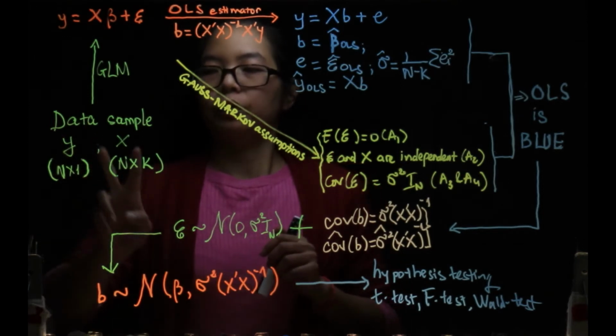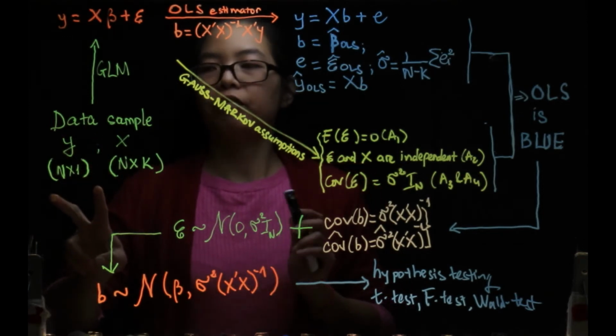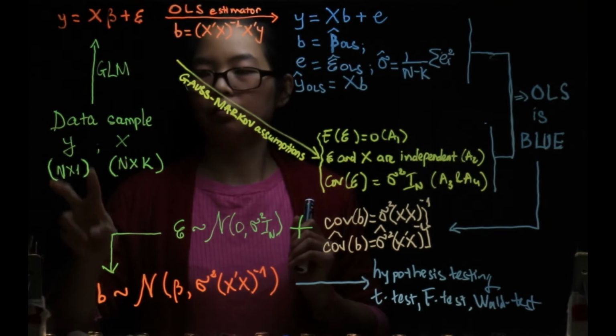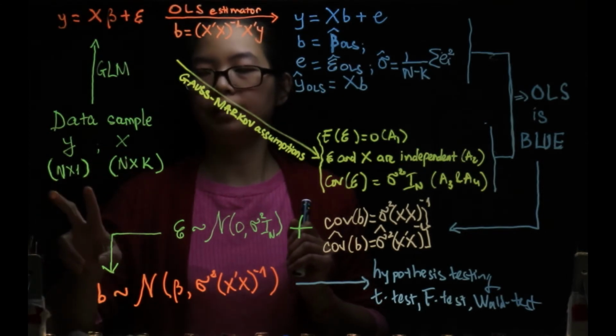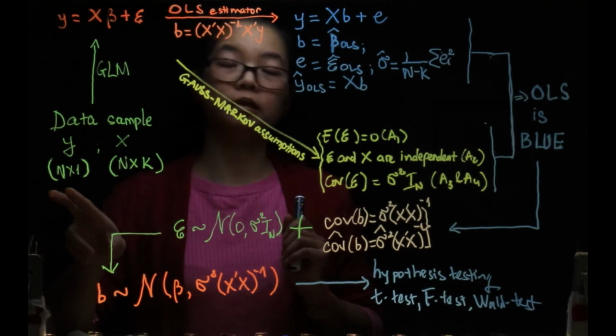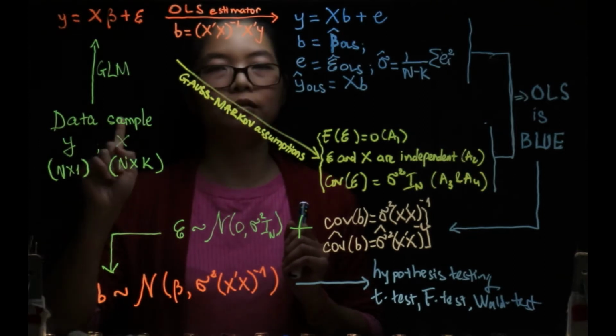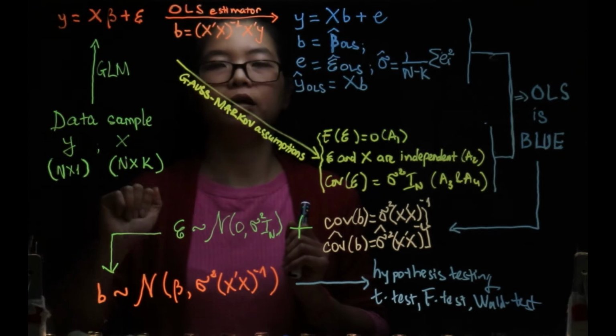So, okay, we started here where we have a sample of data of some dependent variable, y, with dimension n times 1, with n observations.